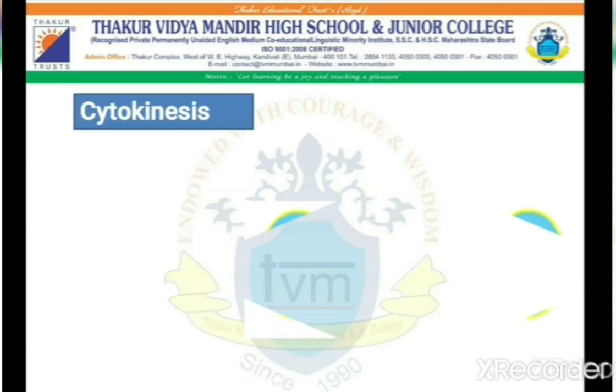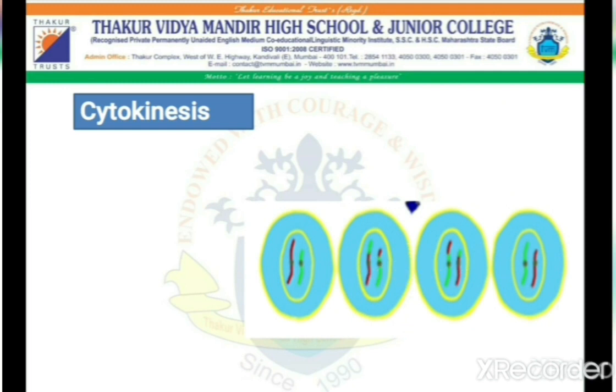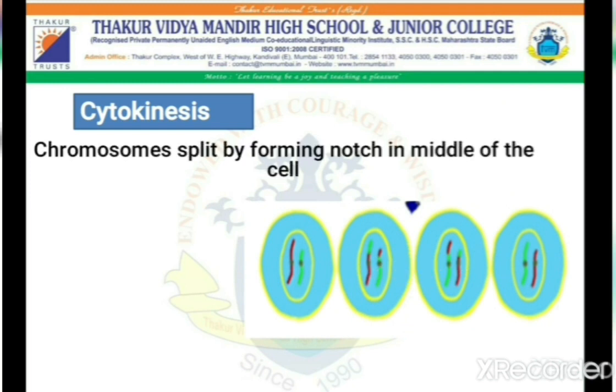In this cytokinesis, the daughter cells which were formed in the earlier stage split by forming a notch in the middle of the cell, and four new haploid daughter cells are formed.